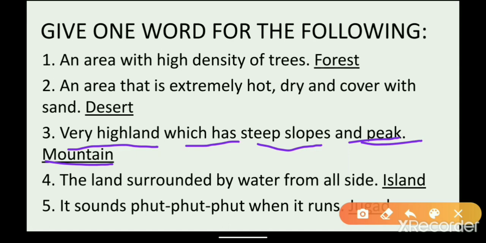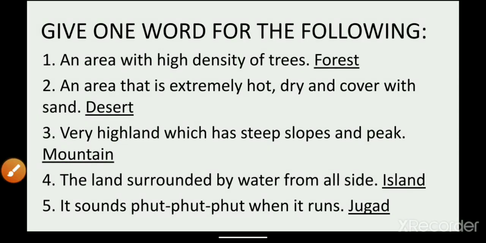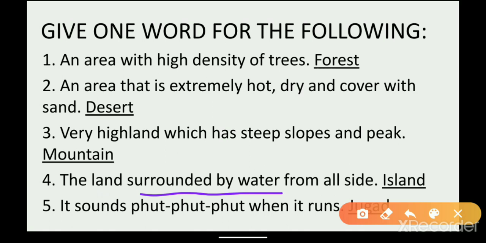So a mountain is very high land which has steep slopes and peaks. Next, the land surrounded by water from all sides. The land on which we find water on all sides is known as an island. So an island is the land surrounded by water from all its sides.